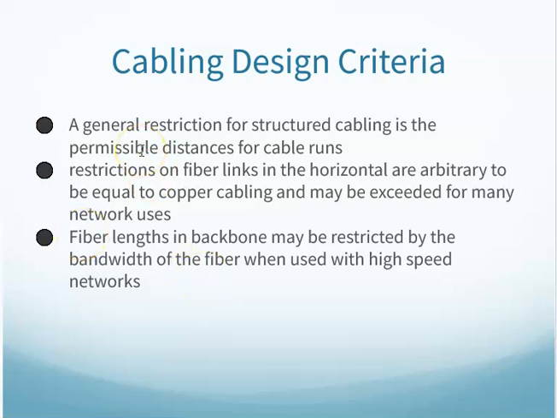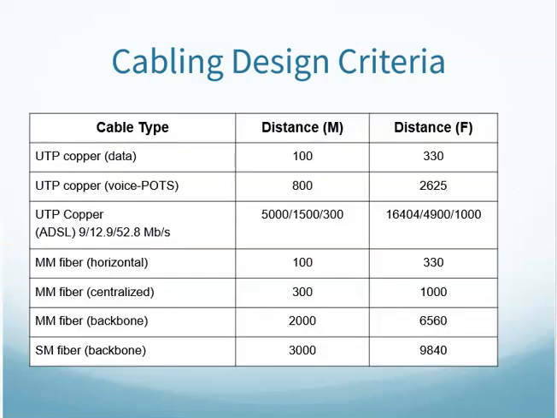That's something that's usually a consideration. The main restriction for structured cabling is the distance of your cable runs. We know copper is limited to 100 meters. The standards kind of arbitrarily set some distances on fiber based around that number. The book mentioned that. But fiber backbones usually have some more distance capability as we're connecting closets and so forth, maybe a closet from building 1 to building 2. I just copied the chart over from the book.